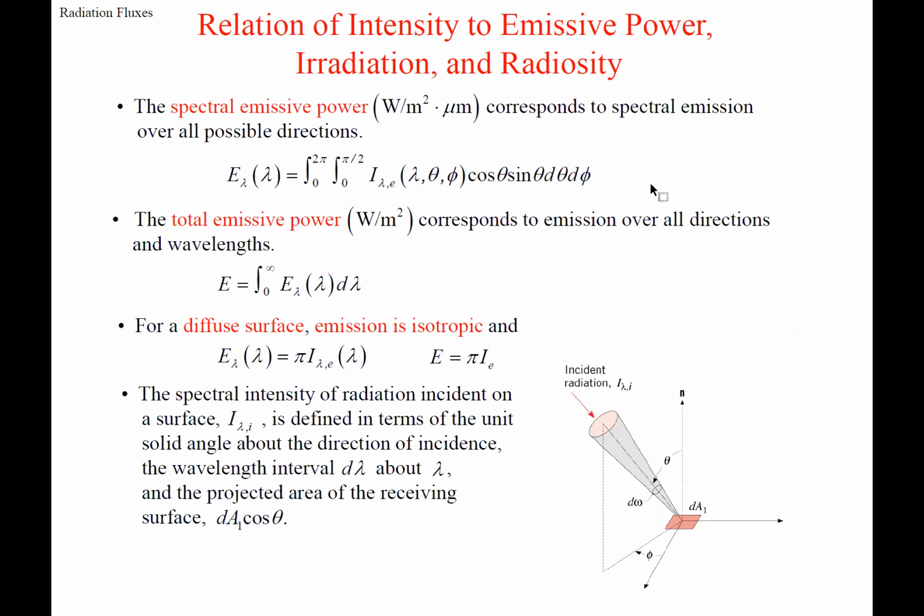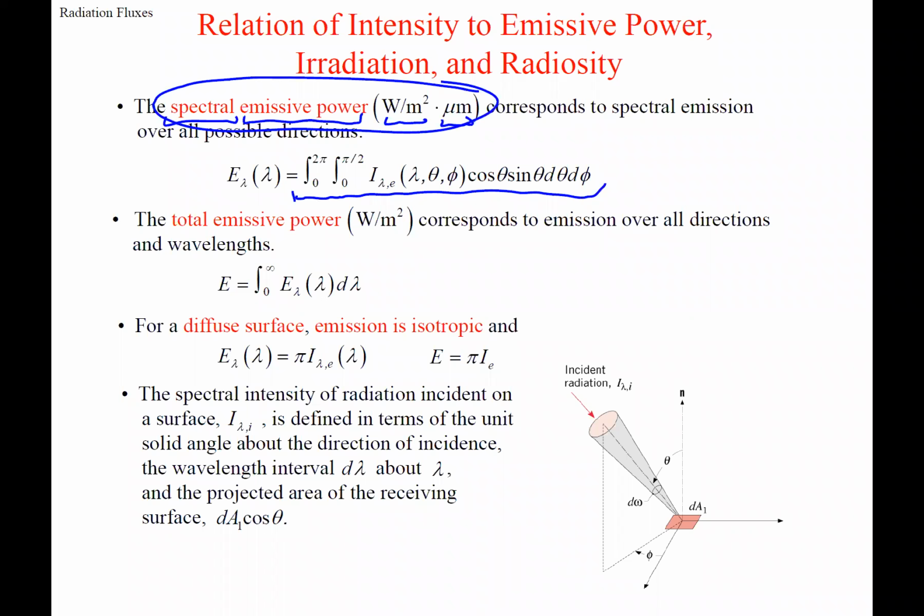All right, so here is the integration I talked about. We have spectral emissive power. It shows watts per meter squared, and then we have our wavelength unit, right? That means we're going to integrate over our direction, so we're integrating over the hemisphere.